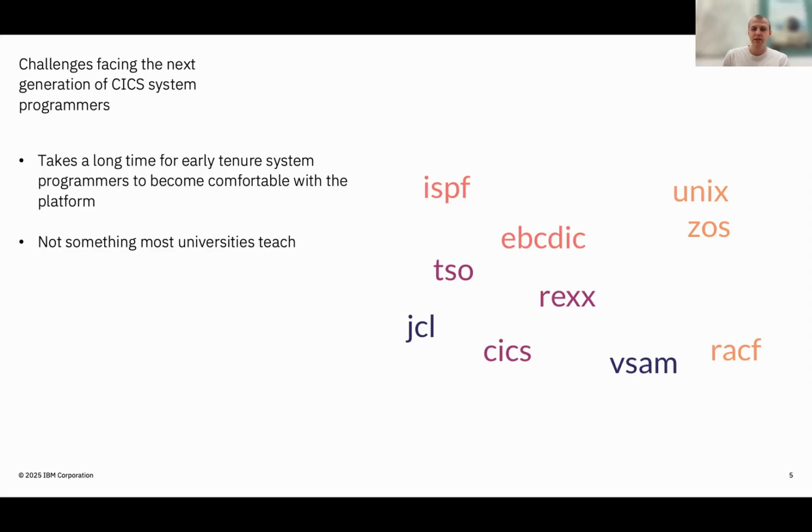They're not common skills that are taught anymore at university. We have tried over time to work with universities and get students more involved and educated in those spaces, with some success, but it's still quite difficult to find new hires that actually have those skills straight off the bat. And this is quite challenging, of course, when you're trying to hire in these spaces.